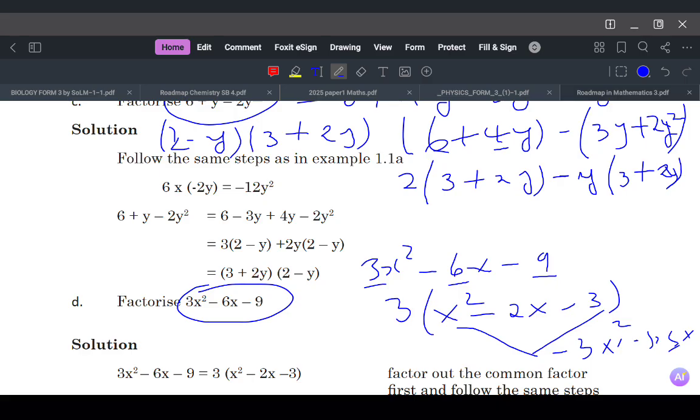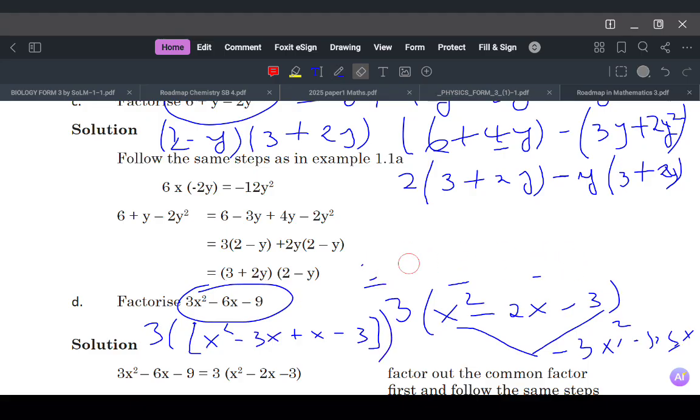So we shall have 3 open brackets, all right. Then we have x squared minus 3x, then plus x, then minus 3. So it is this expression now that we need to deal with.